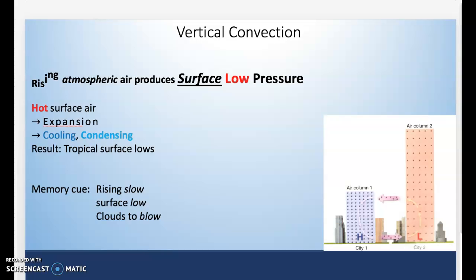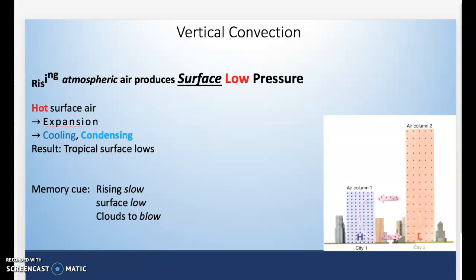And that's a little bit easier to understand because you know from the pink column over there that hot surface air rises and expands, and as it gets higher up in the atmosphere, it starts to cool and condense. You know that. It produces tropical surface lows. It produces hurricanes. Here's your memory cue. Rising slow, surface low, clouds to blow.